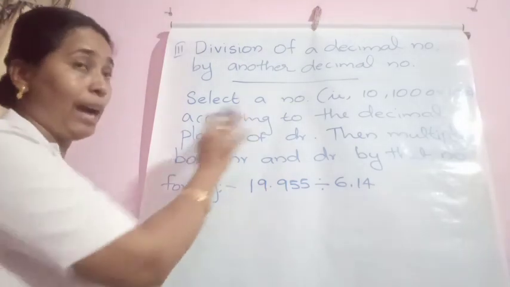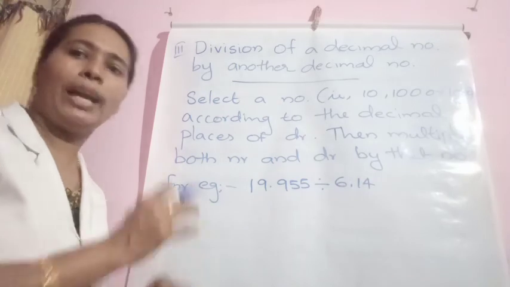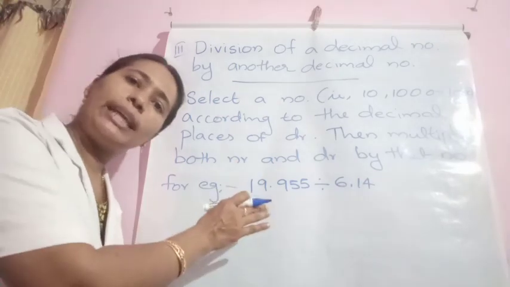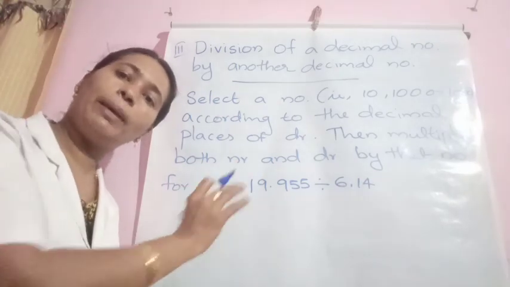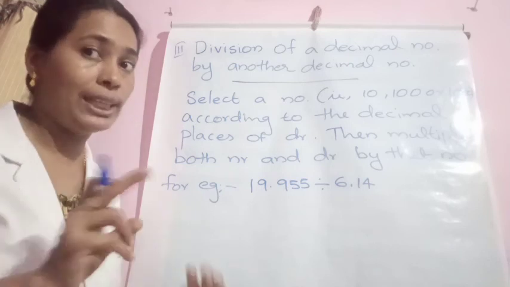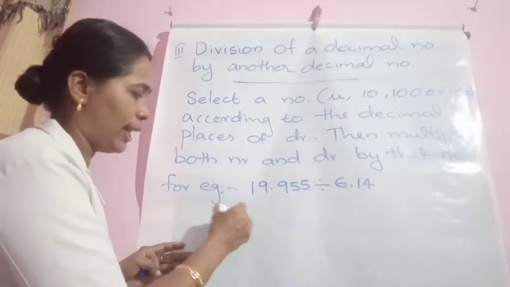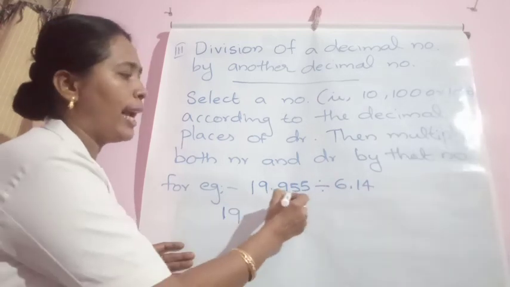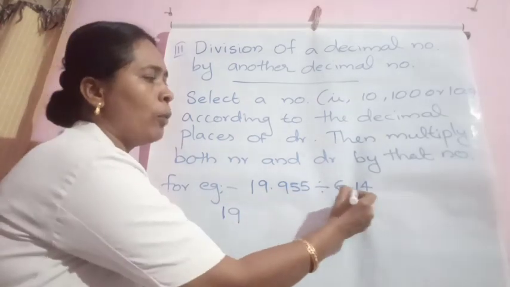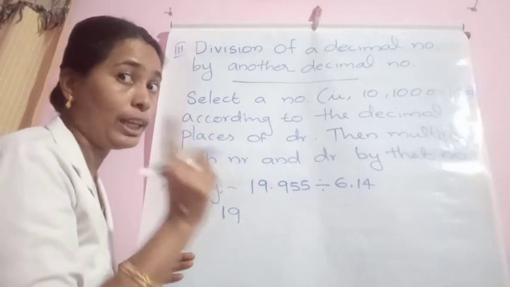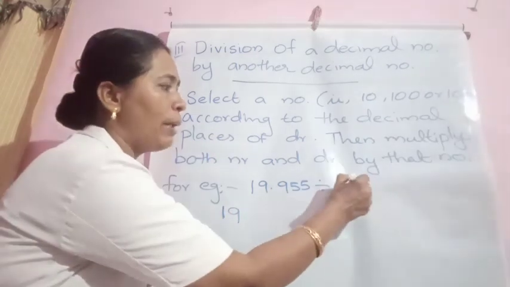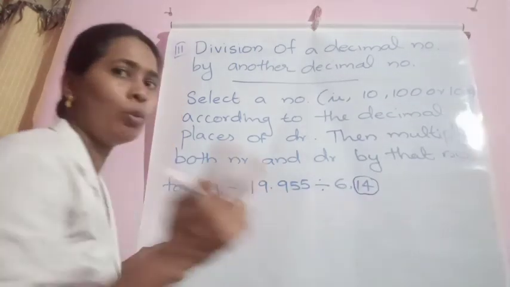Then after selecting, what you have to do? Multiply both numerator and denominator by the same number. Same number means 10, 100, 1000, etc. So let us see the question as 19.955 divided by 6.14. In the denominator, how many decimal places are there? 2 places of decimal.